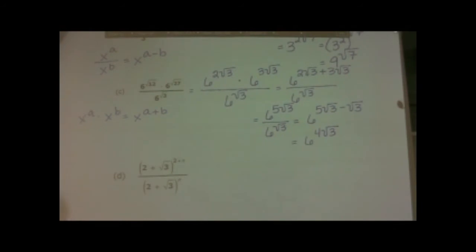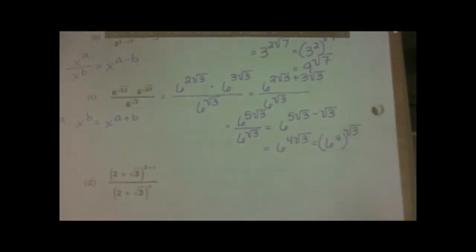And if I want to, I can rewrite it like this. 6 to the 4th to the square root of 3 power. And I just need to calculate 6 to the 4th. And that is actually 1,296 to the square root of 3 power.